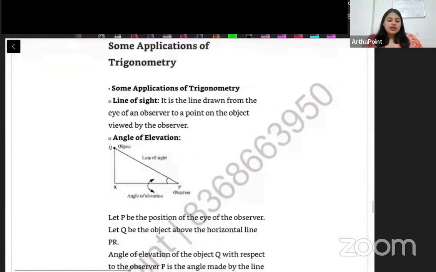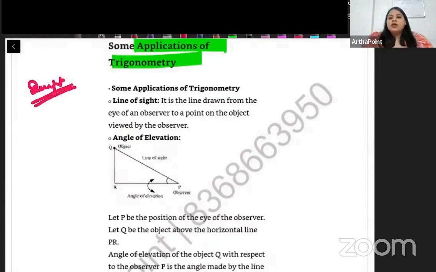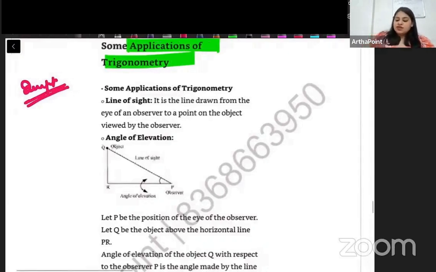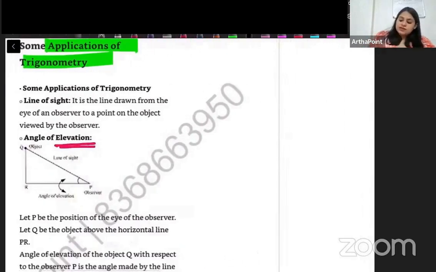Now, simultaneously, beta, I will also cover some part of application of trigonometry. Very, very important. When we talk about application of trigonometry, you must understand something known as an angle of elevation. Suppose this is a right angle triangle.